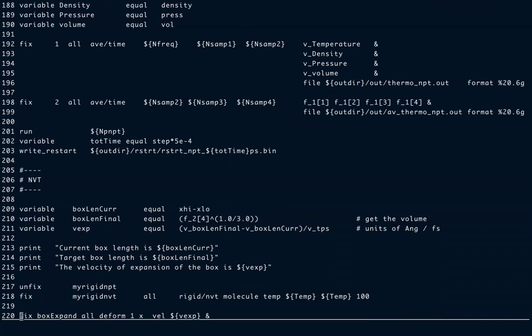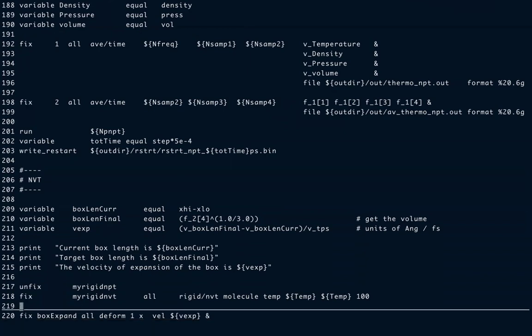So in the NPT phase, we determined what the density has to be, and the corresponding box size, which gives you the exact density, can then be calculated.